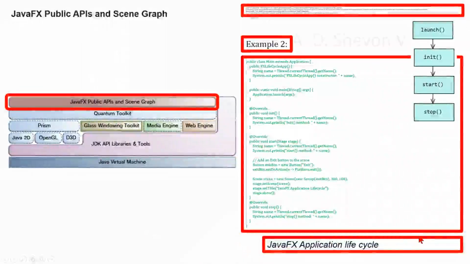As an example 2, we can consider the JavaFX application lifecycle here. Launch a standalone application. This method is typically called from the main method. It must not be called more than once, or an exception will be thrown.